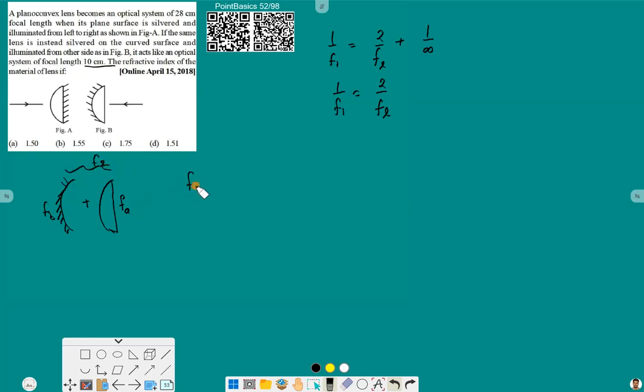So first let us calculate fa. From the lens maker formula, 1 by fa will be equal to mu minus 1 into 1 by r minus 1 by infinite. So from this, fa is equal to r by mu minus 1.